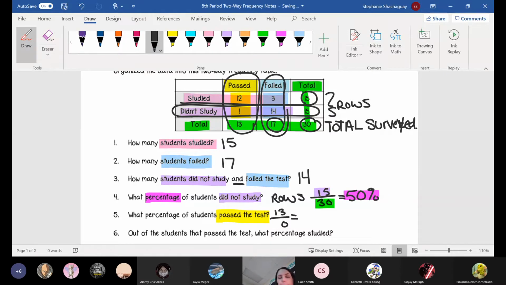Sorry about that. 13 out of 30 is actually 43% of the students. That is the percentage of students that passed, 13 out of 30. Any questions on those so far?